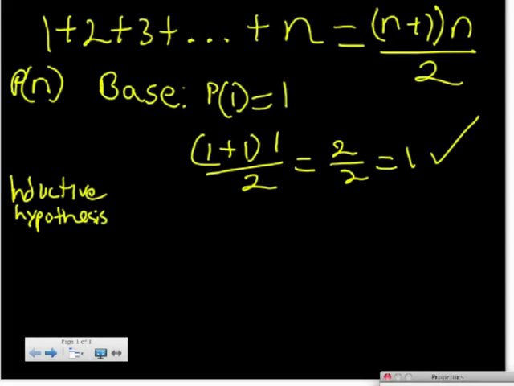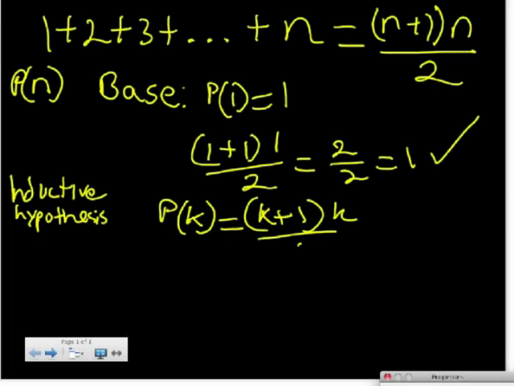We're going to assume that the sum of all positive consecutive integers up to k is equal to k plus 1 times k over 2. And assuming that this is true, we are going to show that P of k plus 1 is also true.